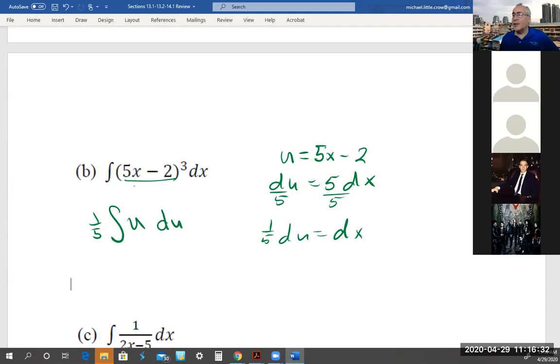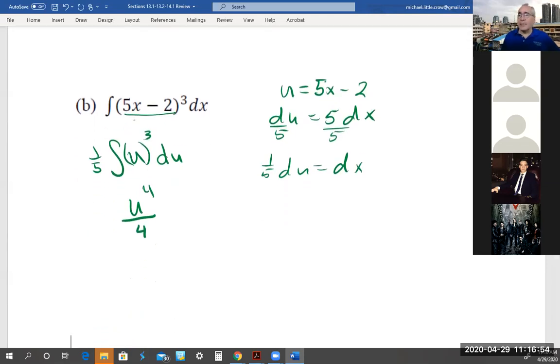So u goes inside, but it's still to the third power. So what is u to the third? Add 1 to the exponent, so it becomes 4. Divide by that new exponent. And then we have the 1/5 constant multiplier out front.